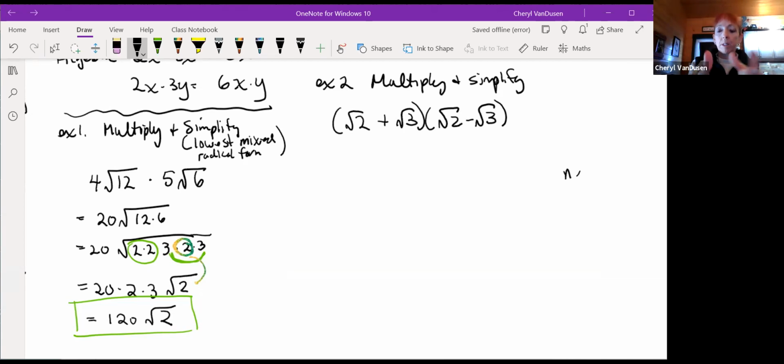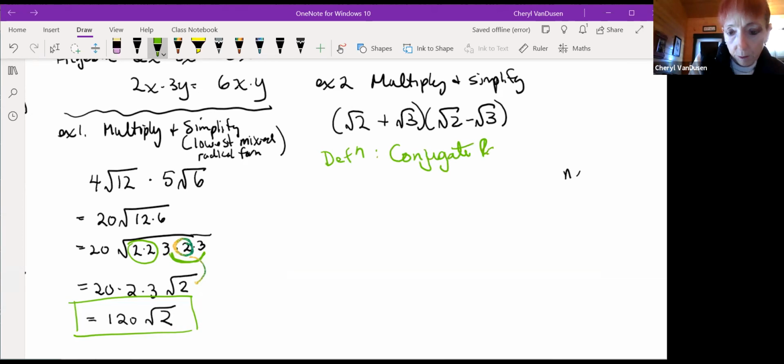So can you guys see what's similar about these two brackets? They're almost the same, except one has a plus sign and one has a minus sign. That's the definition of conjugate binomials, okay? Same terms, different signs, all right? So let's make a little definition here. Conjugate radicals.